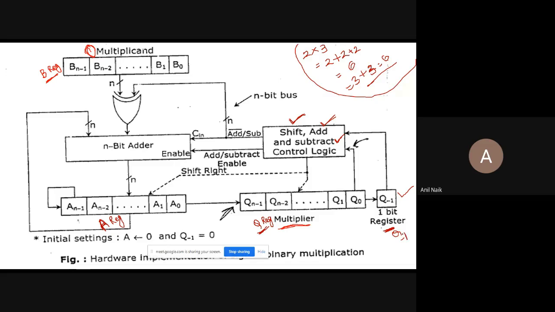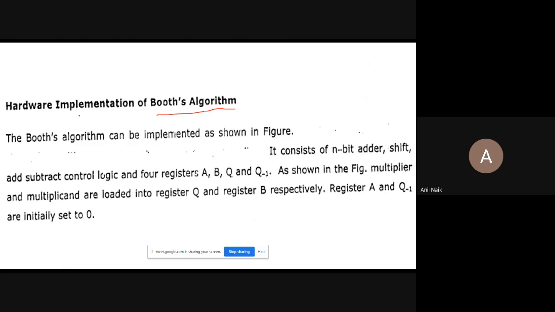So totally how many registers are we using? One is the multiplicand B register, the multiplier Q register, an accumulator to store the values, and the Q minus 1 bit register. So total 4 registers. So the hardware implementation of Booth's algorithm consists of an n bit adder.